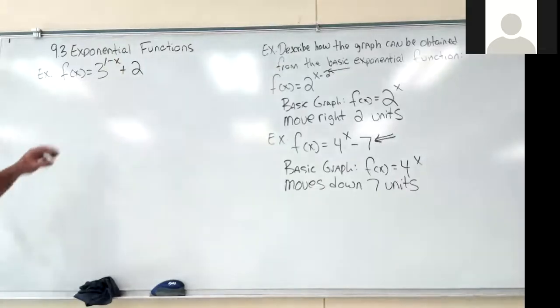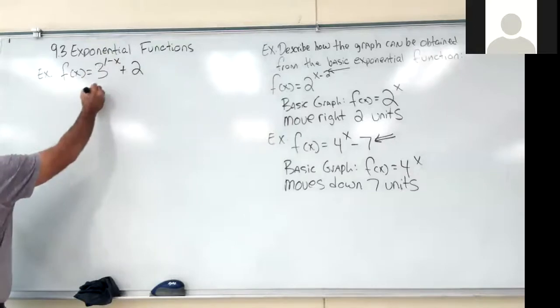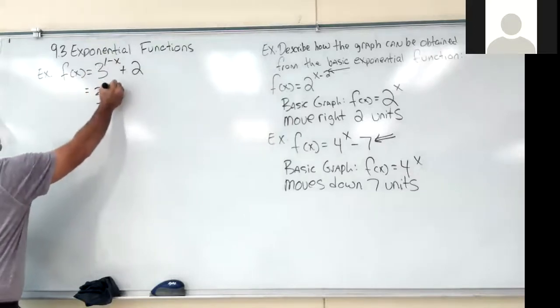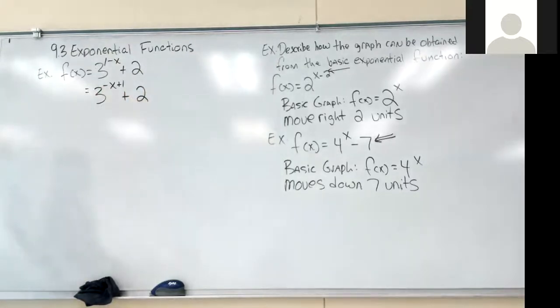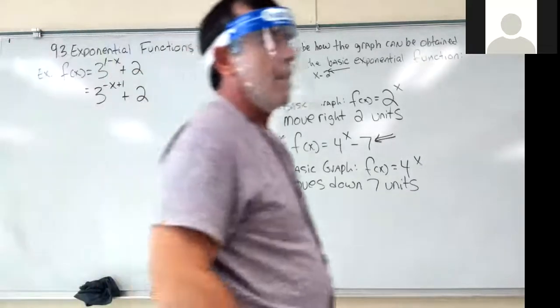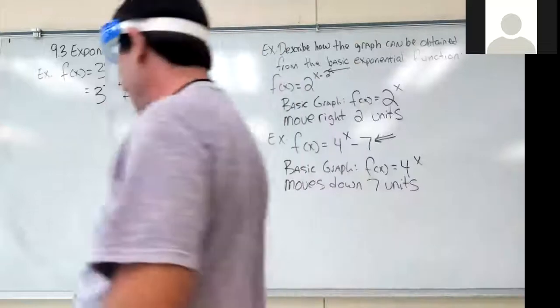So what I'd probably do is rearrange this up here and make this a 3 to the negative x plus 1, and then bring down my plus 2. So I got 3 moves on this one.